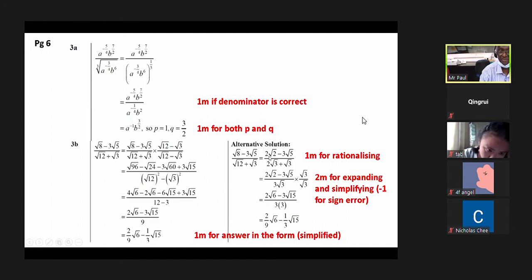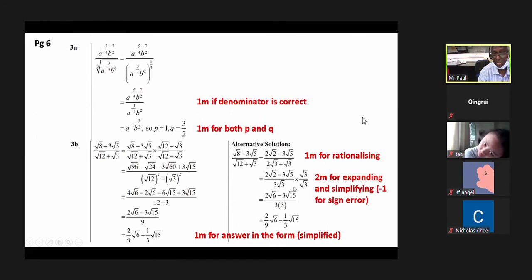This method is faster. Why? Some of you are smart. You simplified square root 8, which is just 2 square root 2, and square root 12, which is 2 square root 3. And because of your denominator, this is easier. Can you check? You can add your denominator to get 3 square root 3.